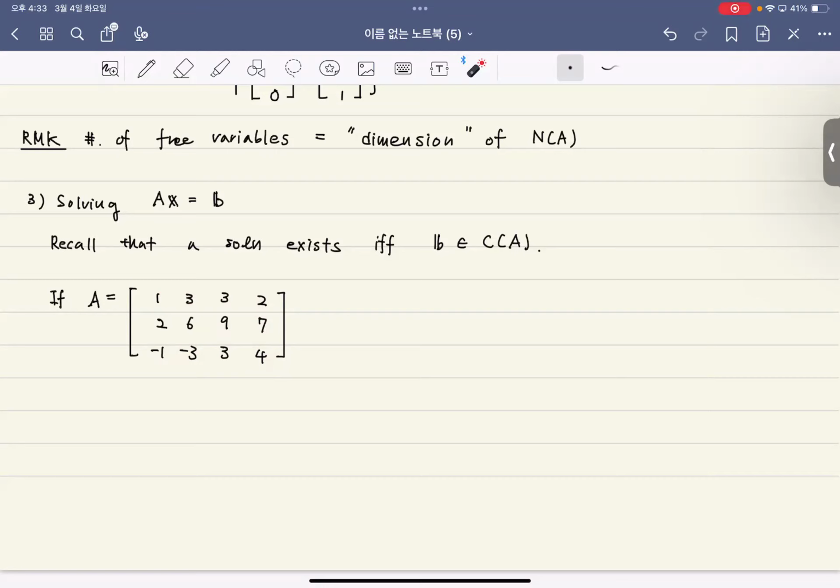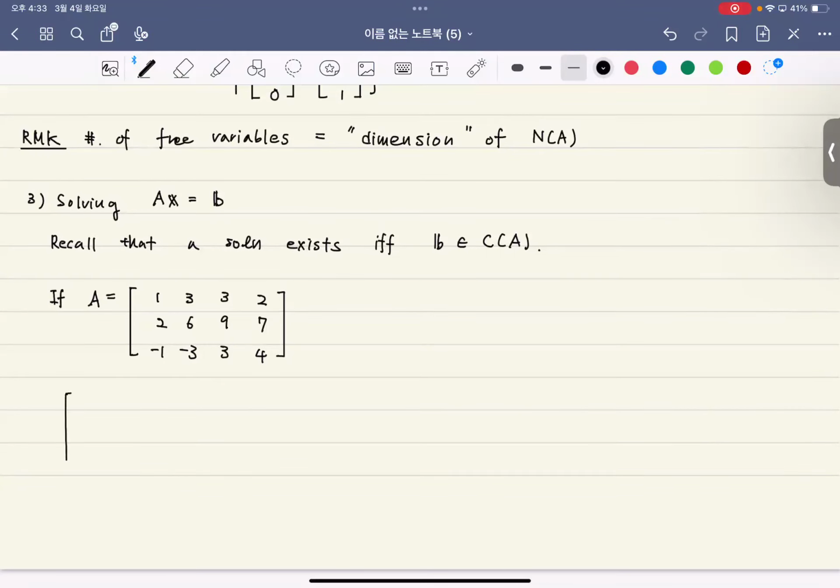So in order to answer this question, I will need to convince myself that b must actually be a member of the column space from the beginning. If that is not true, then there is no point in finding a solution of this system, right? So now, is there any condition?